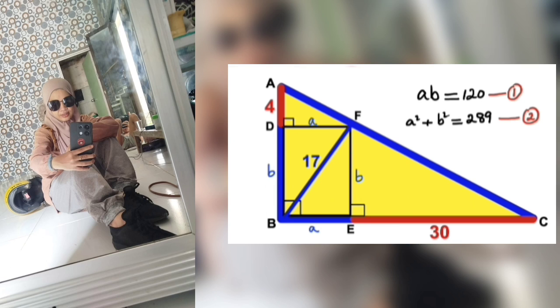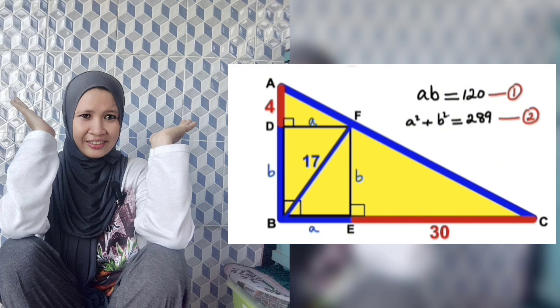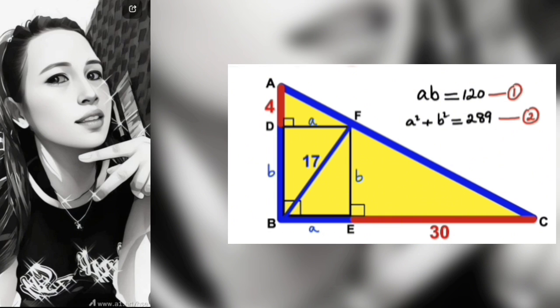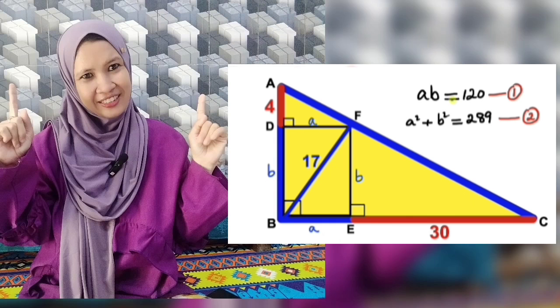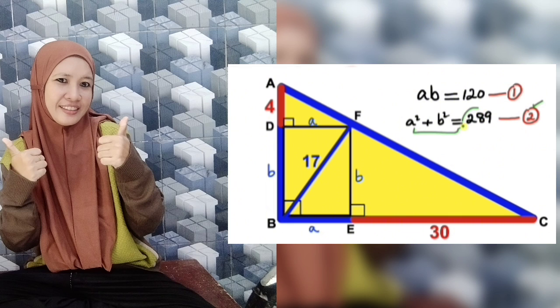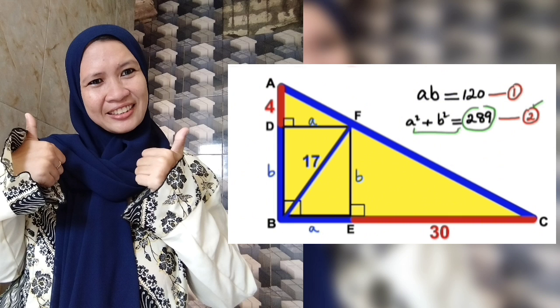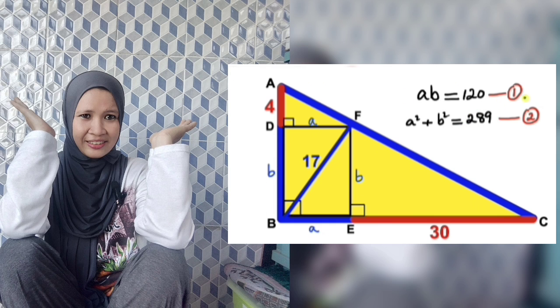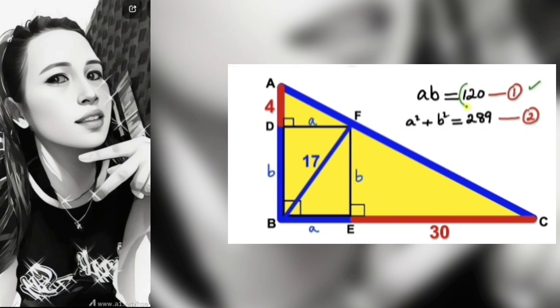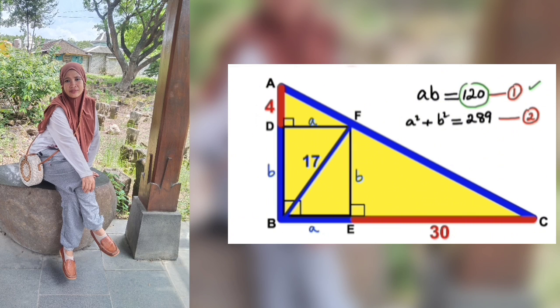And now let's recall this famous identity: a plus b whole square could be written as a square plus b square plus 2 times ab. And here we can see a square plus b square, our value from equation 2, is equal to 289. So I'm going to replace that one with 289 over here. And likewise, this a times b value from equation 1 is 120, so I'm going to replace that one with 120 over here.